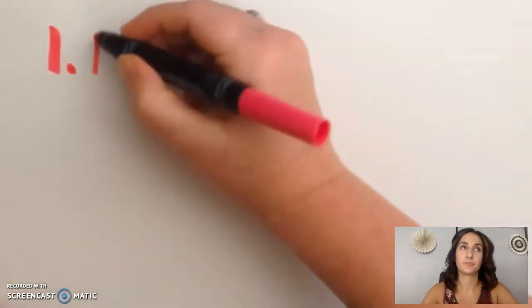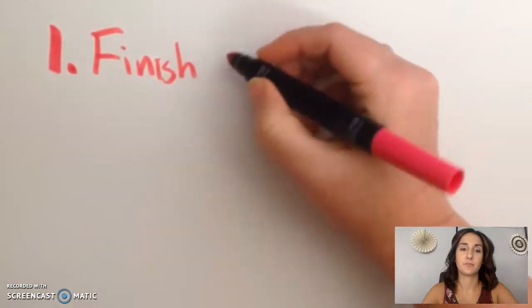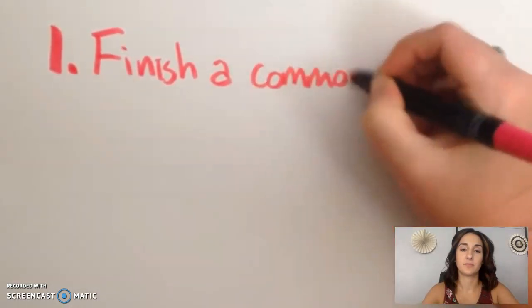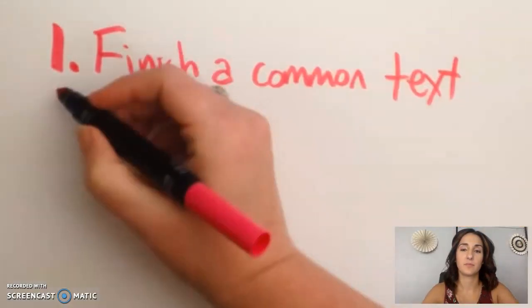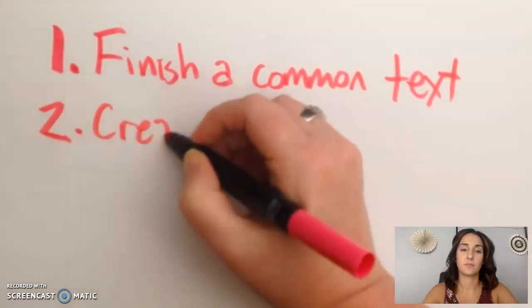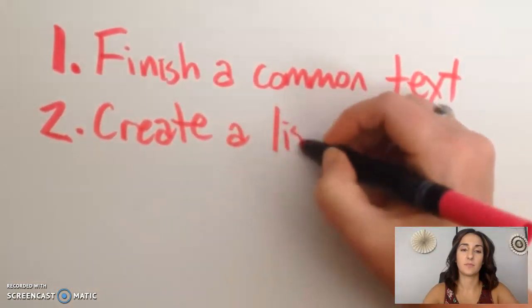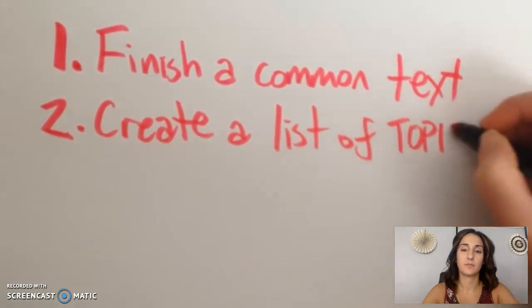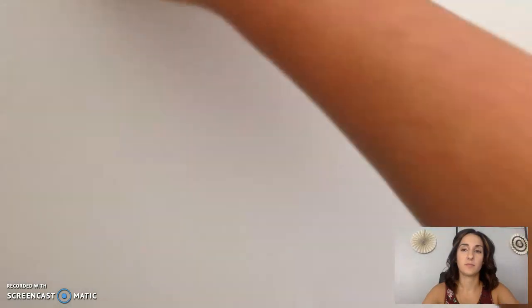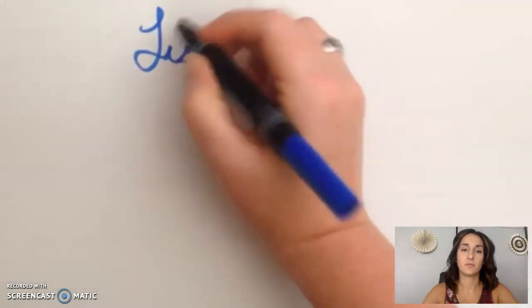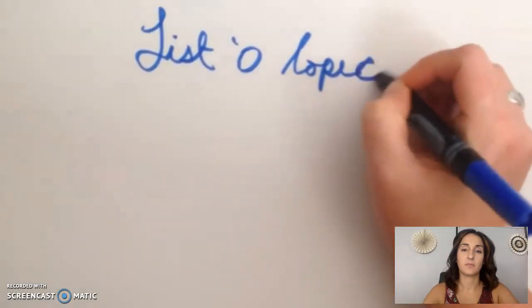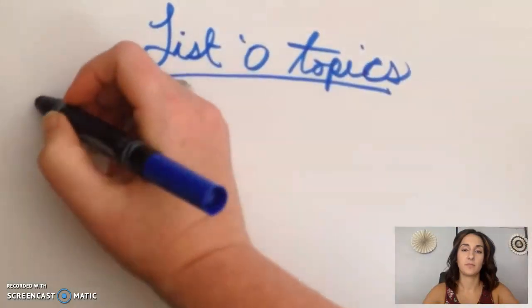So the first step of creating your theme is to finish the common text. I cannot reiterate this enough. It's really not supposed to be a conversation that happens in the first chapter or before you even read it. And the second one is to create a list of topics. So what are some of the ideas that appear in Finding?